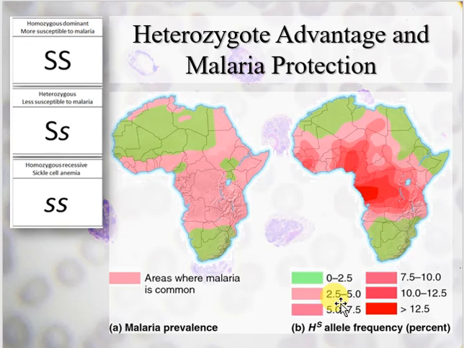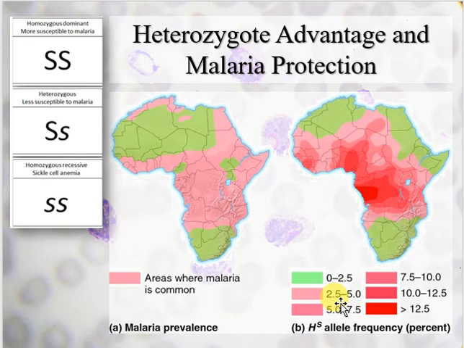And there's a lot of overlap between areas that have a high prevalence of malaria cases versus the frequency of the sickle cell allele.